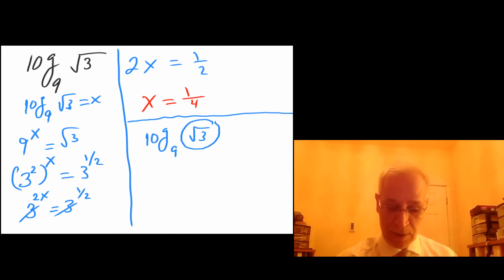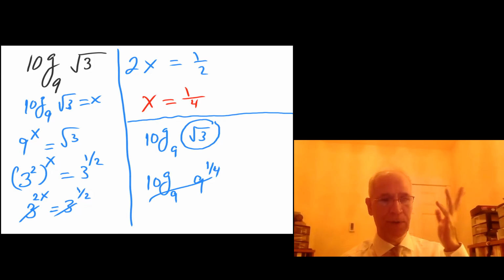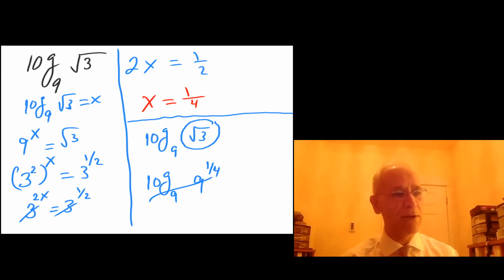And so you can say log base 9 of 9 to the power of 1/4, and cancel this. But I think you need a few days of practice before your mental arithmetic gets there. But it's up to you.